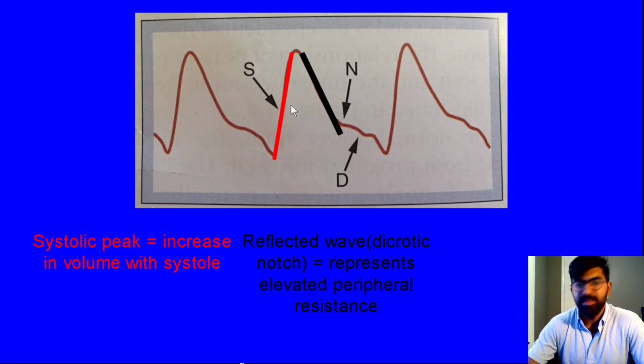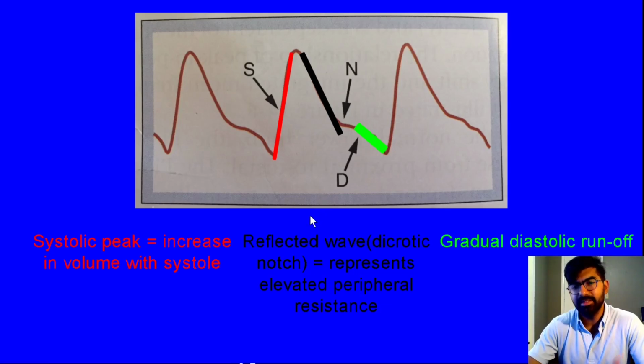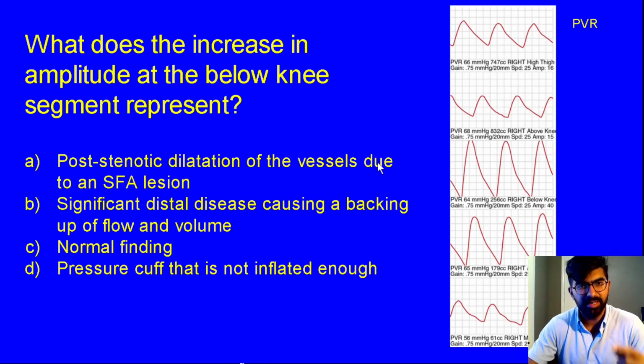So in systole, the volume increases, it hits a peak, and then that volume decreases. As it decreases, the elevated peripheral vascular resistance does cause a dichrotic notch, okay? And then finally, in diastole, you have a gradual runoff. So the volume then decreases back to a baseline. So with this in mind, okay, again, it's a different concept. Let's go on to looking at these waveforms.